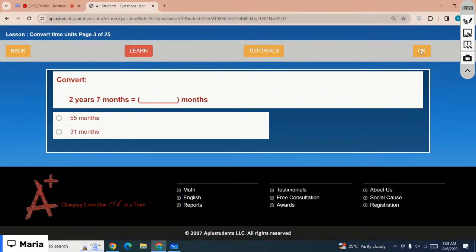In 1 year, how many months do we have? Yes, that is 31, because in 1 year we have just 12 months, right? So 2 times 12 is 24 and 24 plus 7 is 31. So yes, it is 31 months. The correct option is 31. Very good.